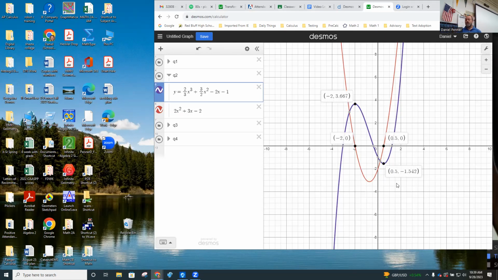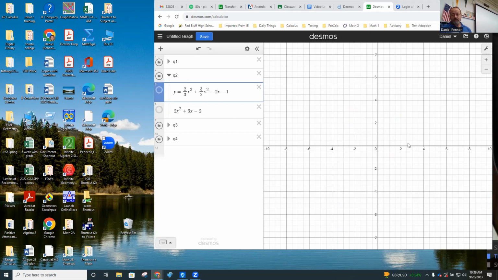So understand the roots of one are telling me about the extrema of the other. And again, if we hide this, we see it was increasing through negative 2, decreasing from negative 2 up until 1/2, and then increasing for the rest of the domain through infinity. So hopefully not too bad.